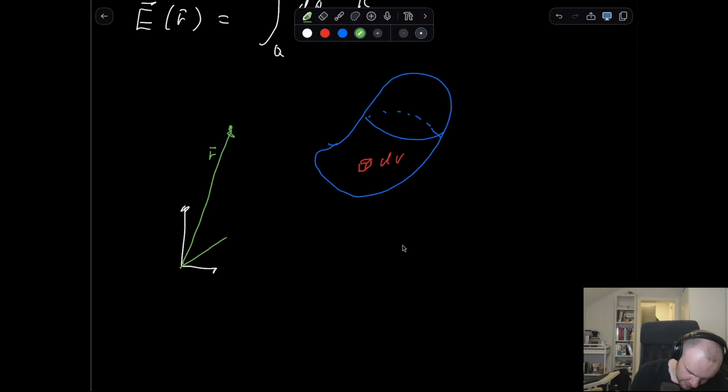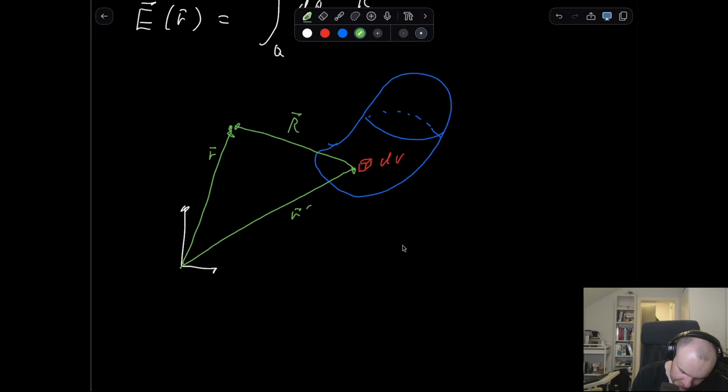Then I need a vector pointing to the volume density, and that's r prime. That's important. Then we have that relative vector r, because we have to point where the electric field is affecting our position.